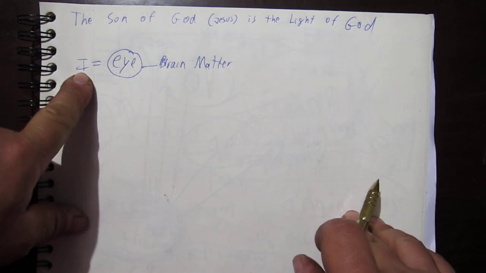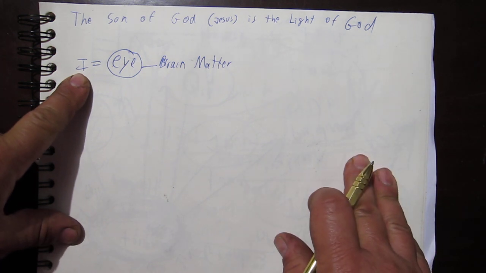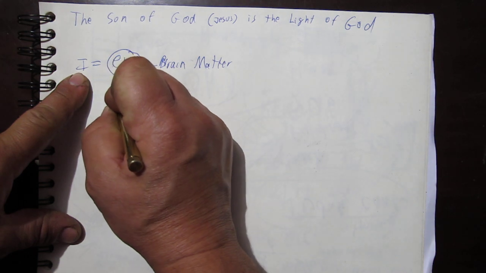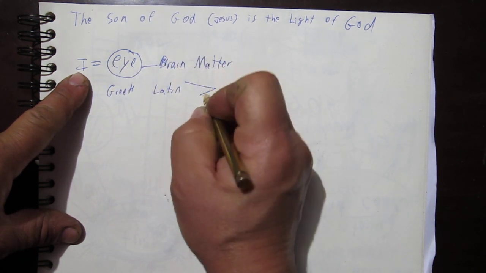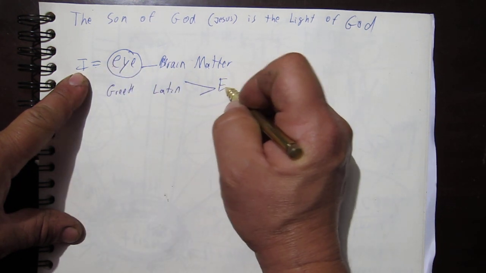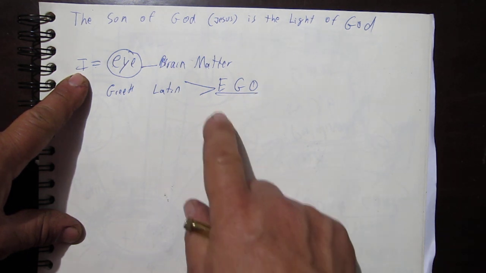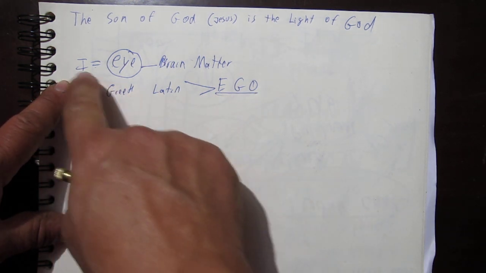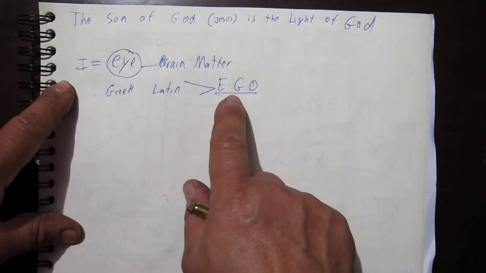In the English language, we use the word I, as in your identity. Now, why didn't they use the Greek or Latin word for I, which is ego? But we're using the letter I. So there is a reason why this I is used and not ego in itself.